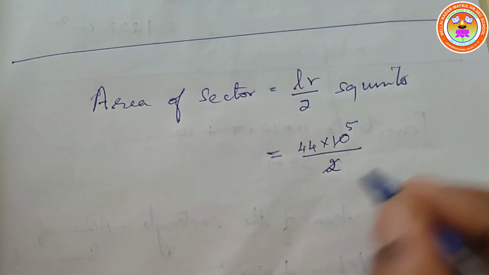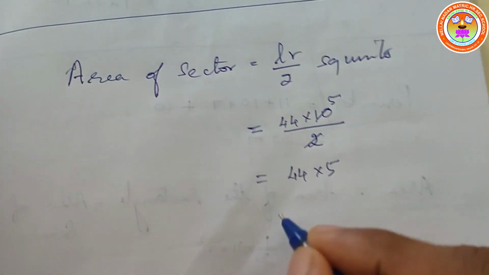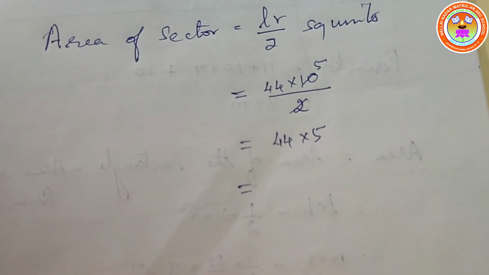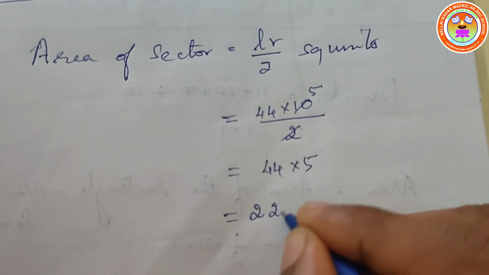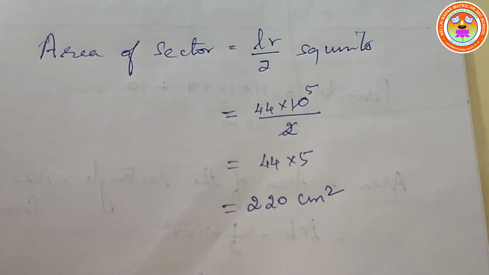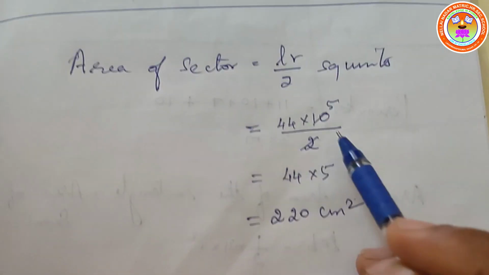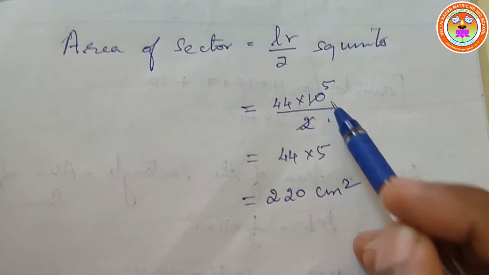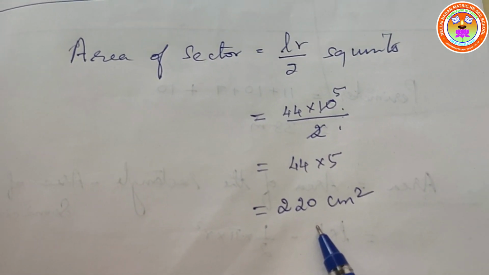If you cancel it, you will get 44 into 5, which is nothing but 220 centimeter square. So we found the perimeter and also from the perimeter we found the radius. Substituting the radius 10 centimeter here, we found the area of the sector. Shall we move on to the next sum?